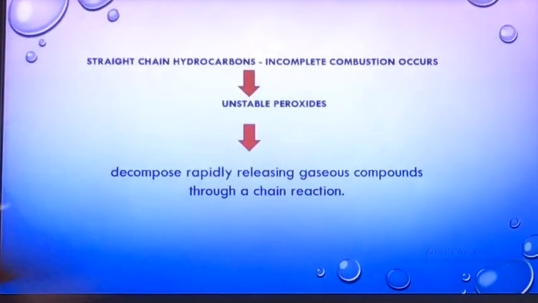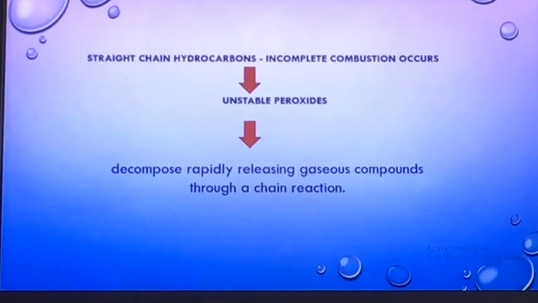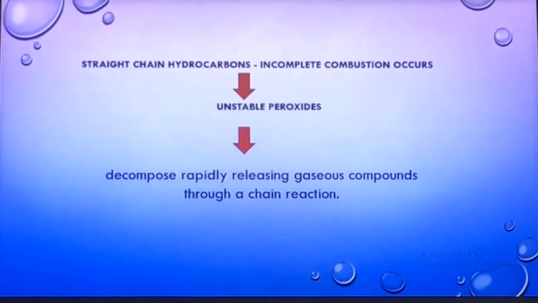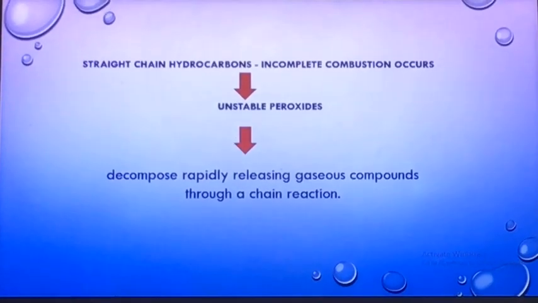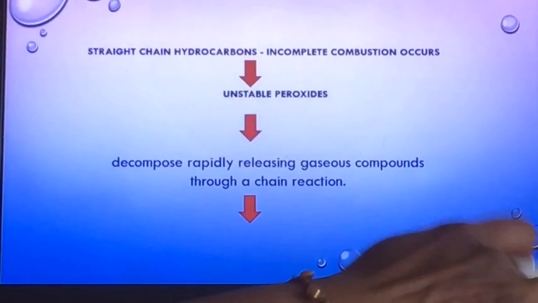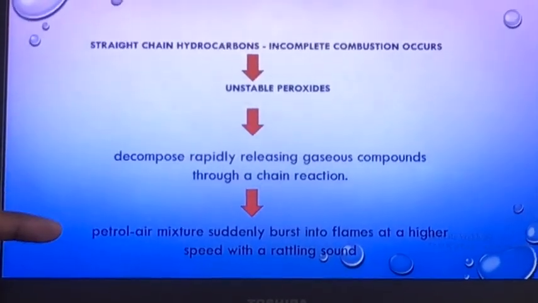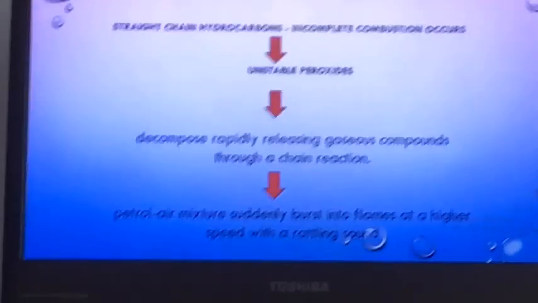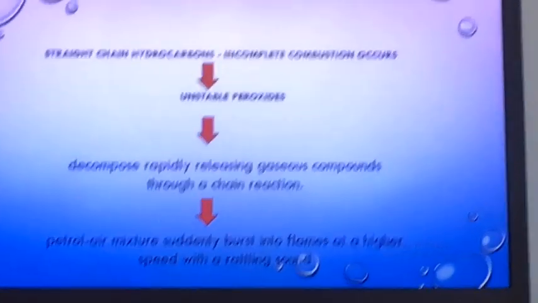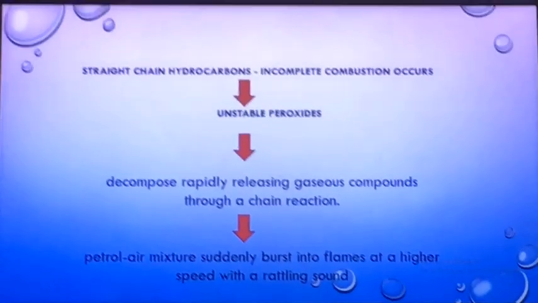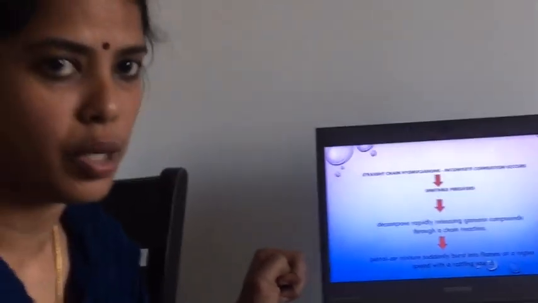These unstable peroxides decompose rapidly, releasing gaseous compounds through a chain reaction. Hence the petrol air mixture bursts suddenly into flames at a higher speed with a rattling sound. That means knocking will be produced.